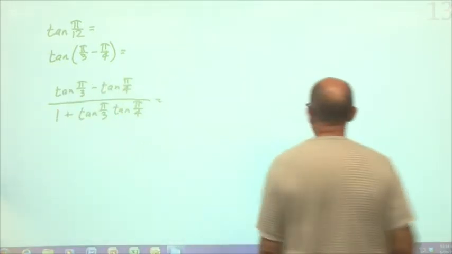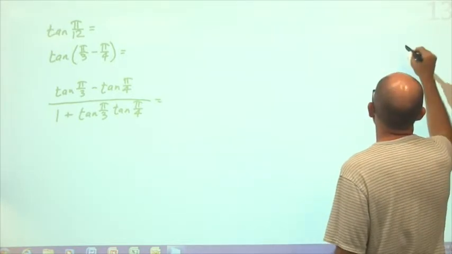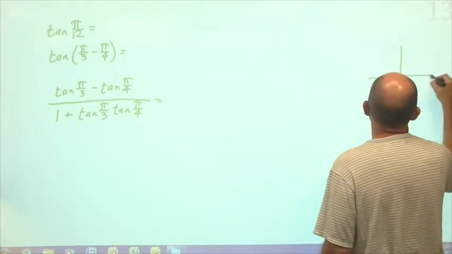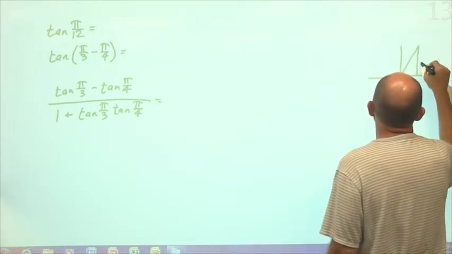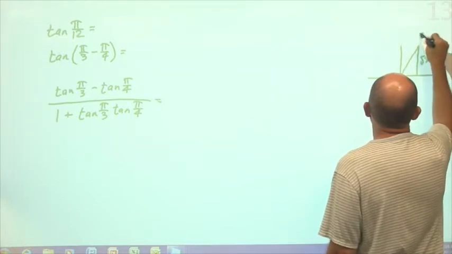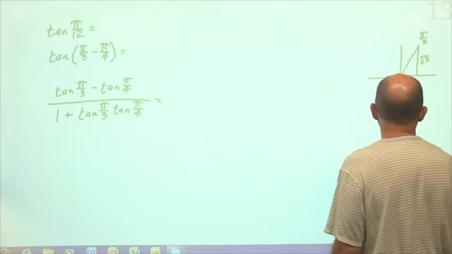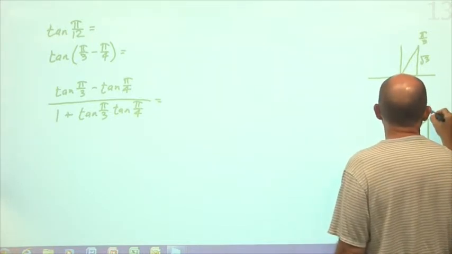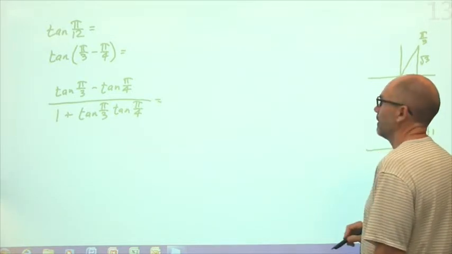Okay, so now what we have to do is figure out what tangent pi over 3 and tangent pi over 4 is. Well, here's pi over 3, and tangent is square root of 3 over 1. And here's pi over 4, and tangent is 1.